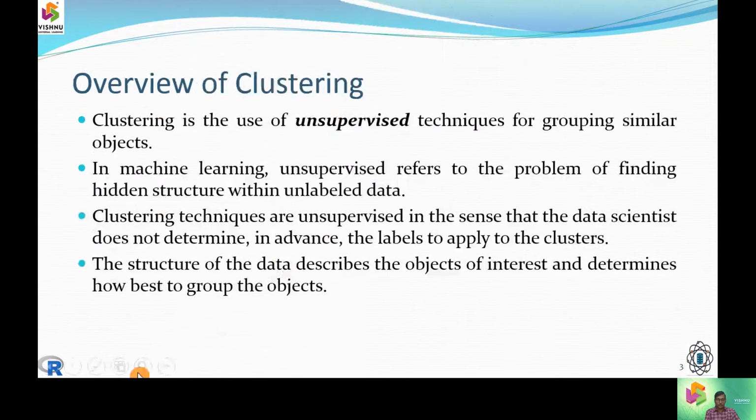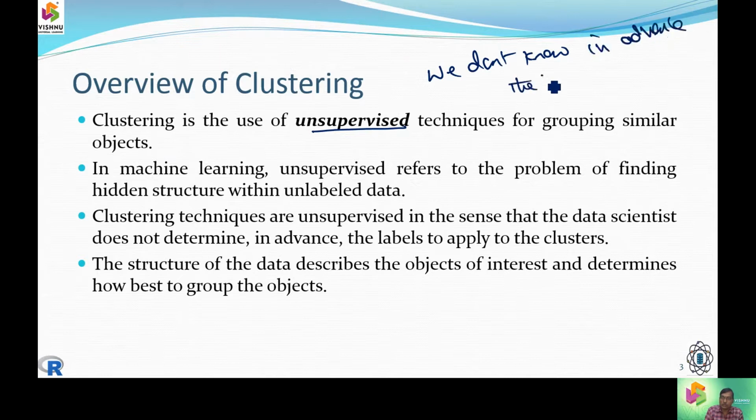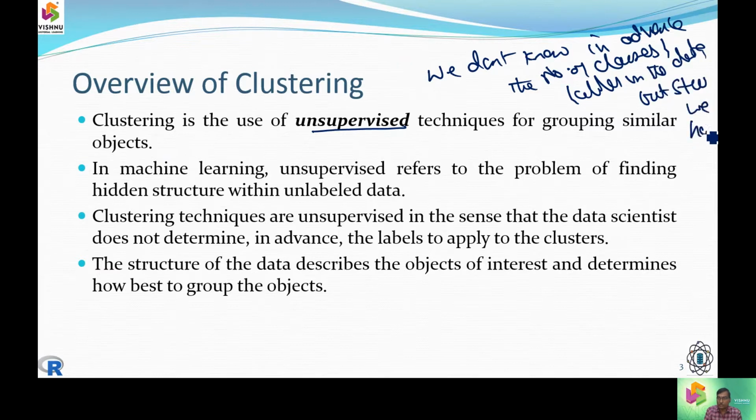So as a whole, when we talk about the overview of clustering, we call it unsupervised. When we call it unsupervised, we don't know in advance the number of classes or labels in the data, but still we have to do grouping.